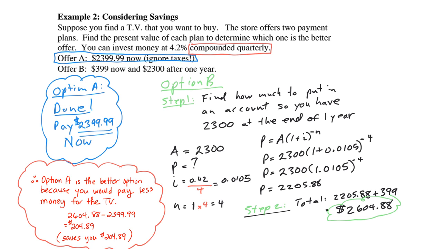If you pay now, you're going to pay a little less. But when you're paying later, that company is always trying to claw extra money from you. So most likely it's going to cost you more to pay for something in the future like this, even if there is a $399 down payment.